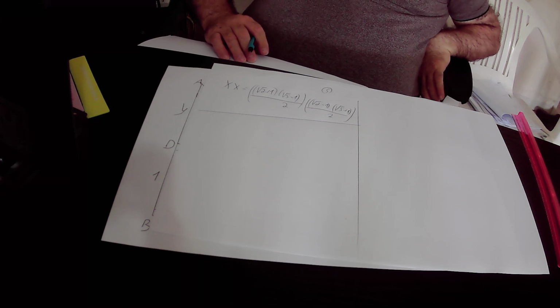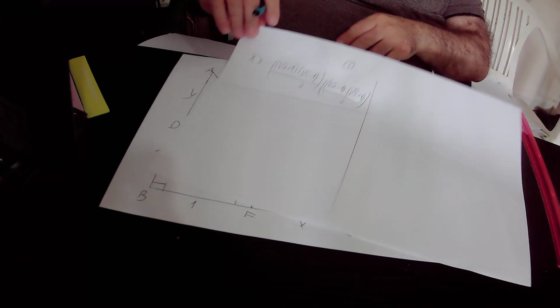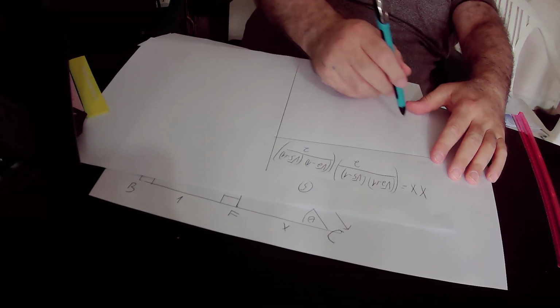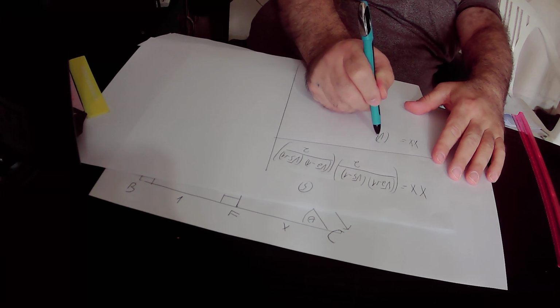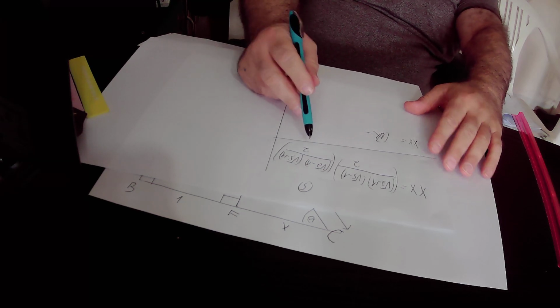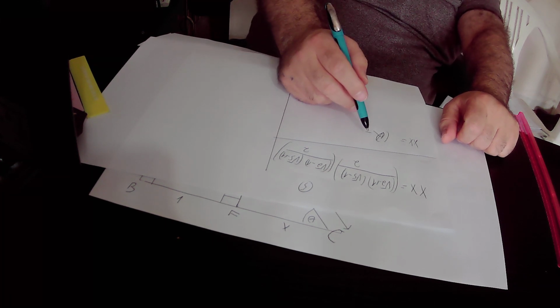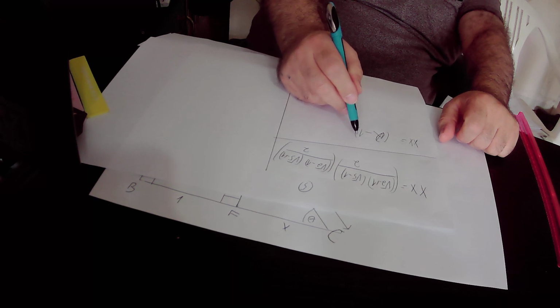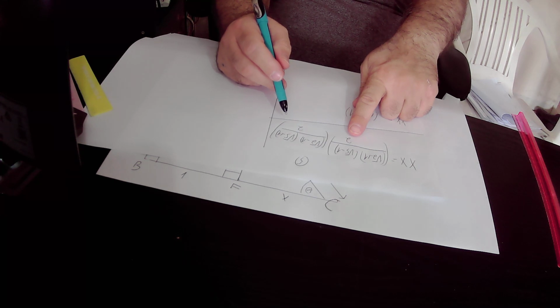Here a equals square root of 2, so a squared is 2, minus b squared. Here b is 1, so b squared is 1, so minus b squared is minus 1.